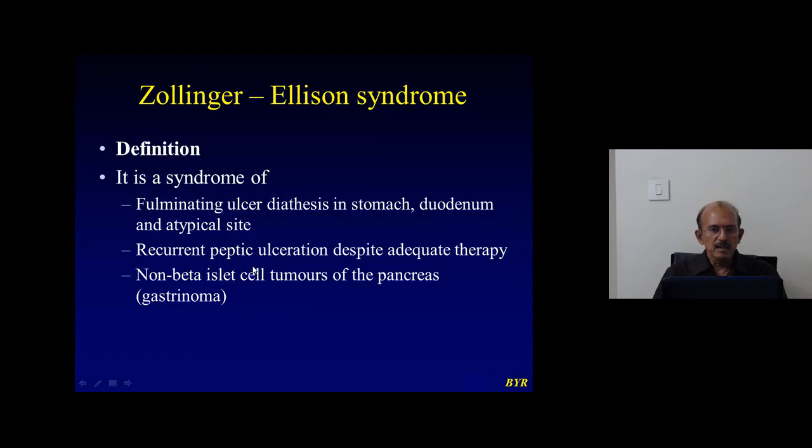So when he studied it, they found that it is not from beta cells, it is not from alpha cells, and it is not from the exocrine glands of the pancreas. So that is why they first called it non-alpha, non-beta islet cell tumor of the pancreas. Later it was found that a special type of cells are there. They are called the G cells, which produce the gastrinomas.